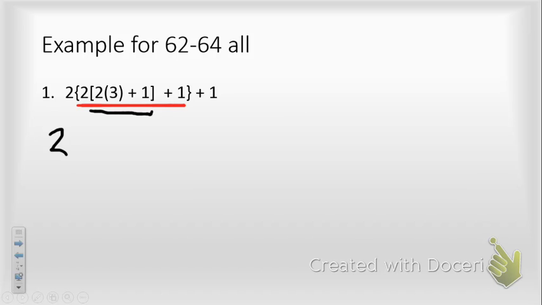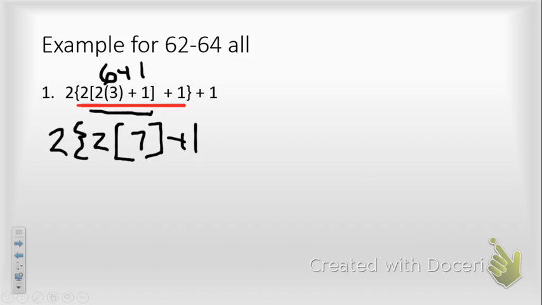Okay, what's inside this bracket? 2 times 3. 2 times 3 is 6. And then I do 6 plus 1 inside the bracket. So 6 plus 1 is 7. Plus 1. Okay, now my bracket's taken care of.